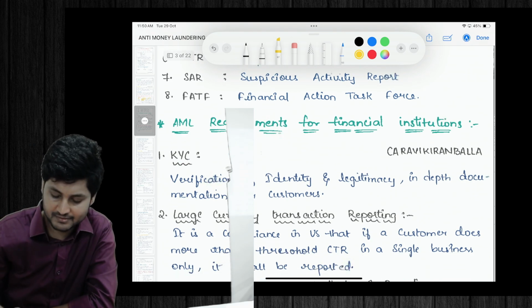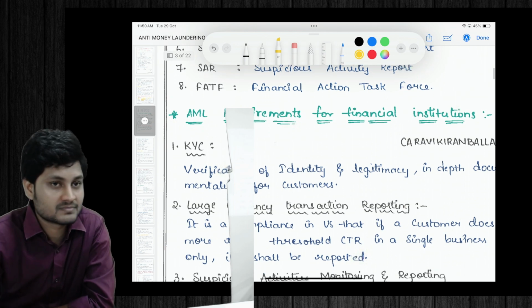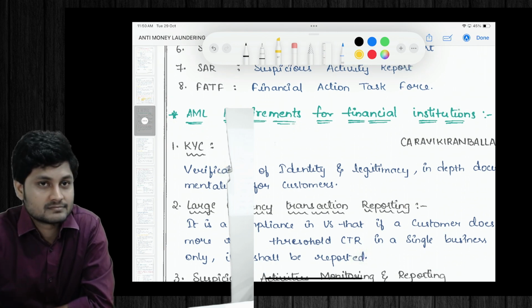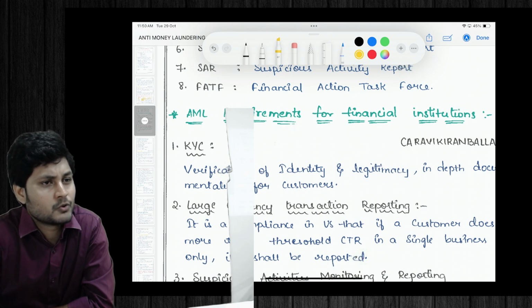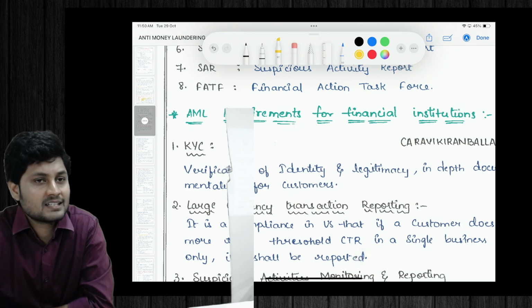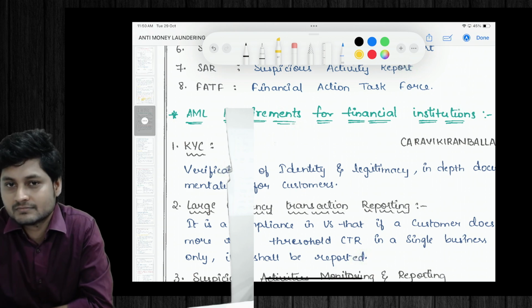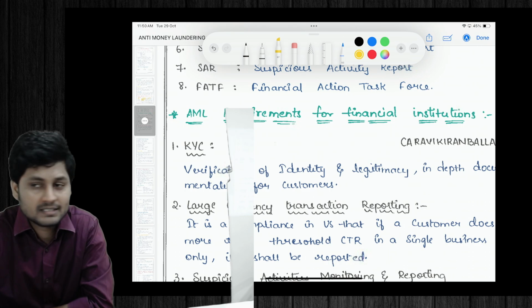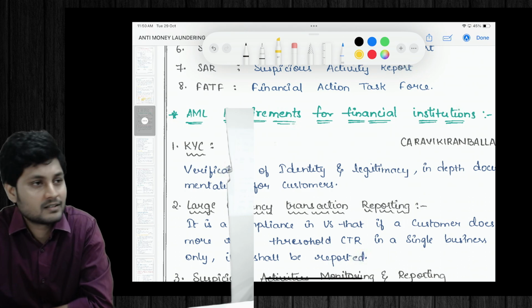First important point, the first requirement on banks: KYC. What is KYC? Know your customer. So when you go to a bank, they don't just give you a bank account. When you want to have a bank account, they get all your identity proofs and all your information.